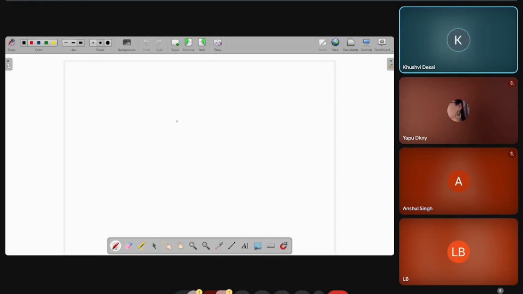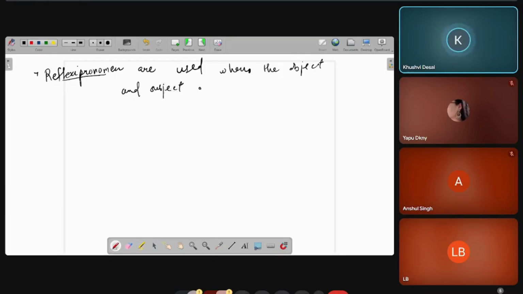Now see what are reflexive pronomen. Reflexive pronomen are certain pronomens that we add in a sentence while we are using a reflexive verb. Reflexive pronomen are used when the object and the subject are the same person.